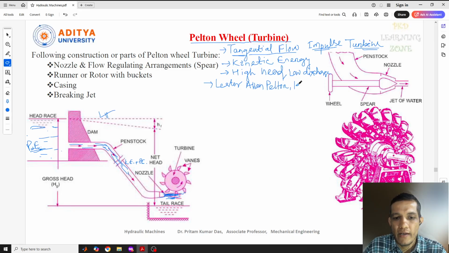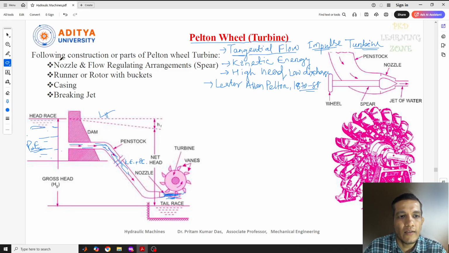It was developed somewhere in the range of 1870 to 1888. And as I told you, this diagram concept was already used in our hydroelectric power plant, and the water starts flowing from here. So these things we already discussed.